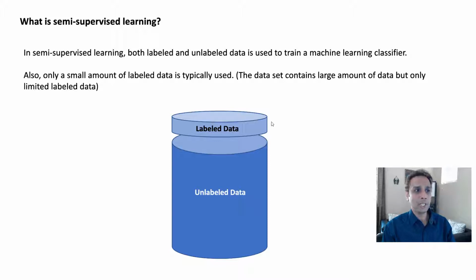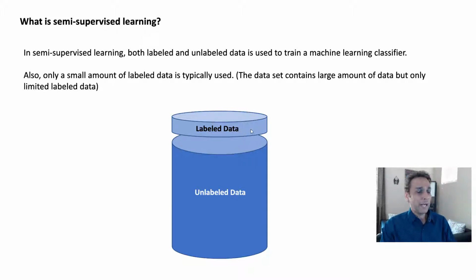Can you effectively use the 10 or 20 images that you labeled to get good classification or segmentation, whatever the task is? That's exactly where semi-supervised learning fits in. Maybe there is hope with semi-supervised learning if you have a limited amount of training data, but a lot more data that is unlabeled.